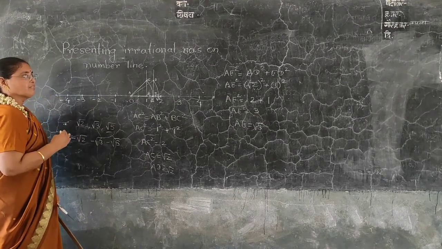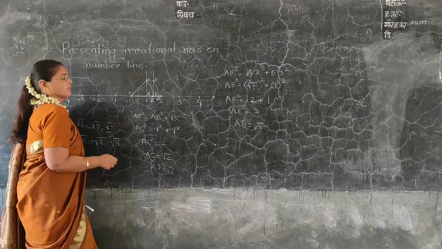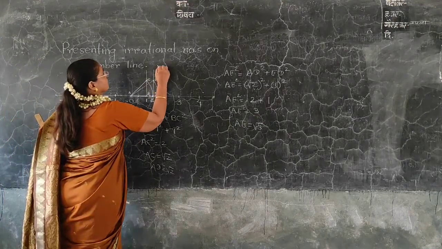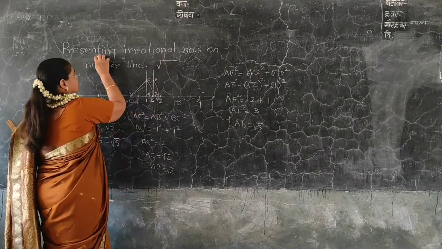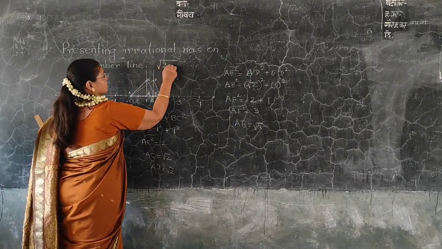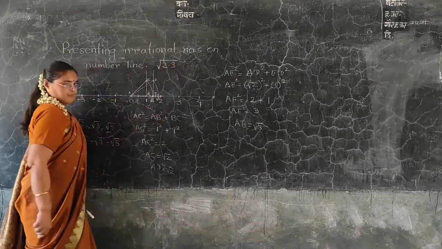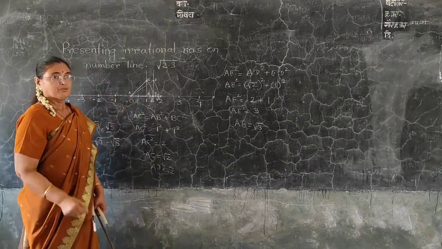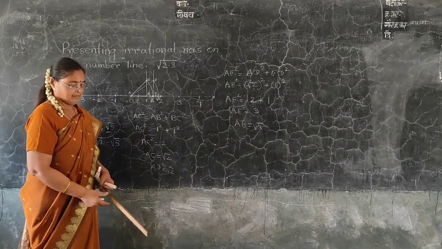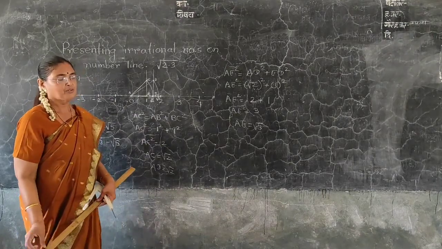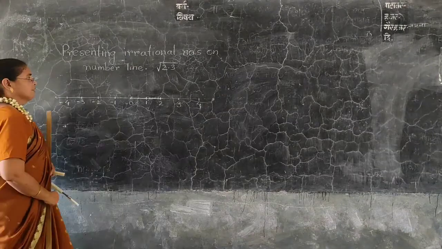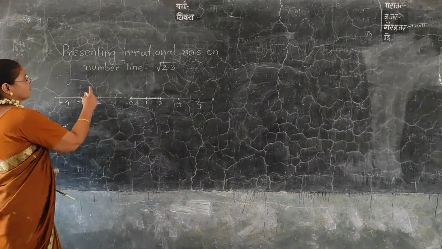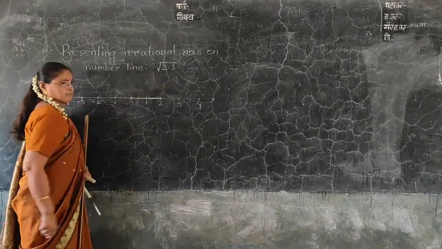Now, the challenging question comes when we have to represent root 2.3 suppose, or any number in decimal. So it is the challenge. Let us see how to solve this. Now let us start representing such a number.